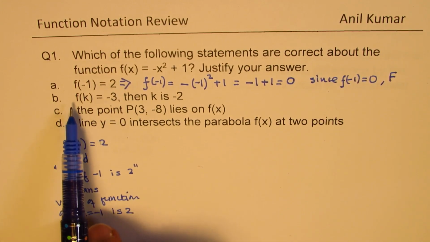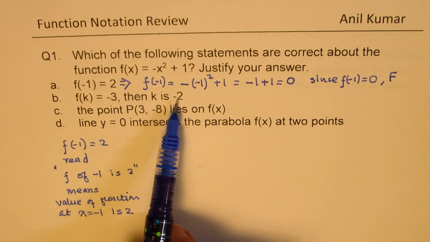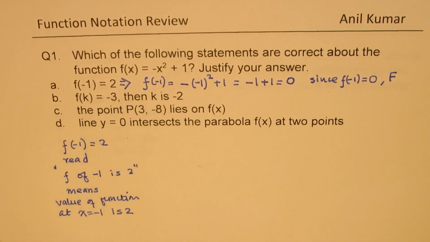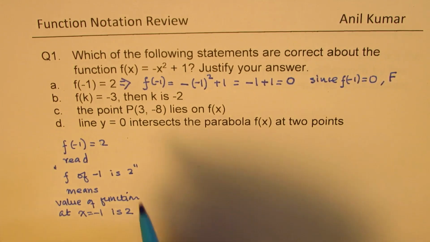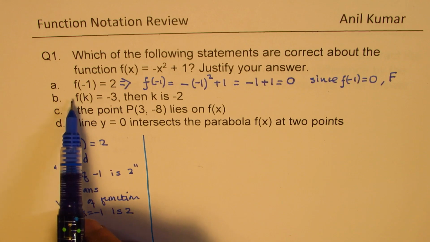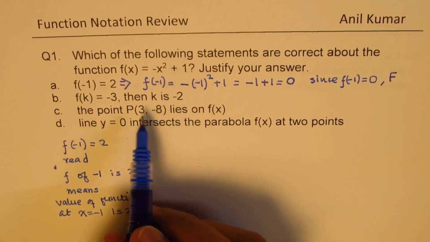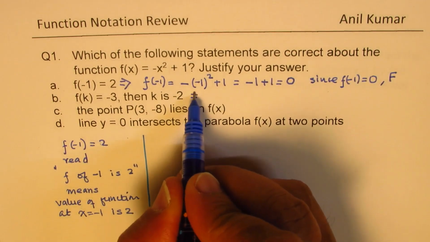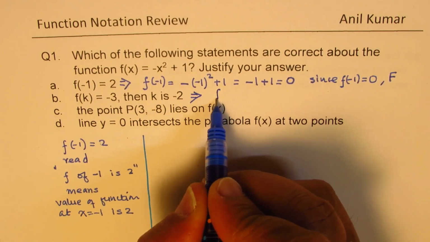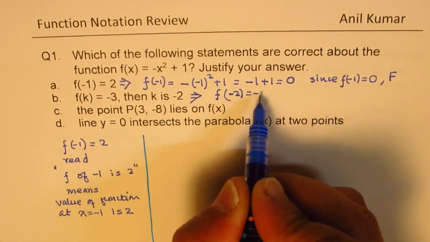So this is not correct. Second, f of k equals minus 3, then k is minus 2. To answer part B, what should we do? What we are saying here is that f of minus 2 is minus 3.